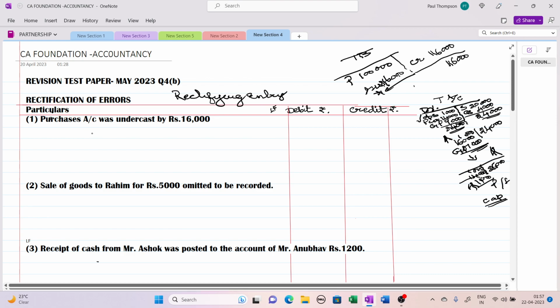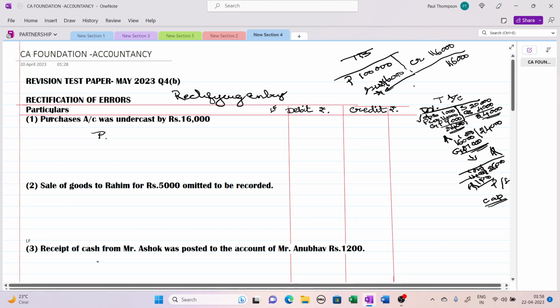Instead of debiting the purchases account, because the year is over and it has been transferred and the effect has gone to the capital account. What happened? This debit side was less, so profit would have been more by 16,000 and the capital account would have got credited with 16,000 more, but actually it should not have been.